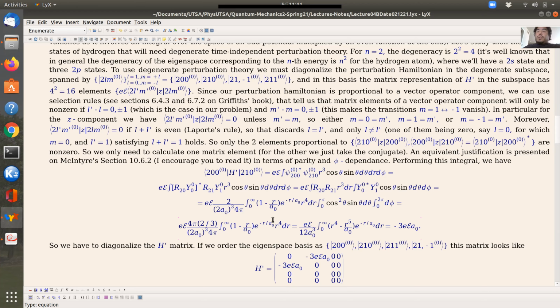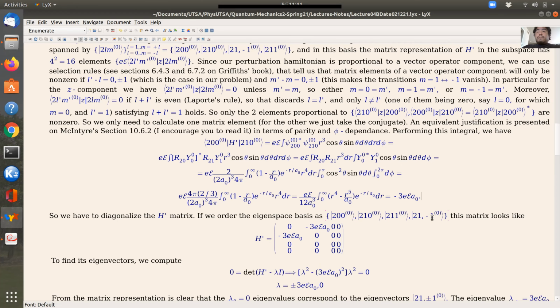We're just going to assume that we know how to do this procedure. If you want, use a table of integrals or a numerical solver for this. But if you compute this integral and then you balance against the other terms, you have minus 3 charge of the proton, electric field, and a naught, which is related to the Bohr atom radius.